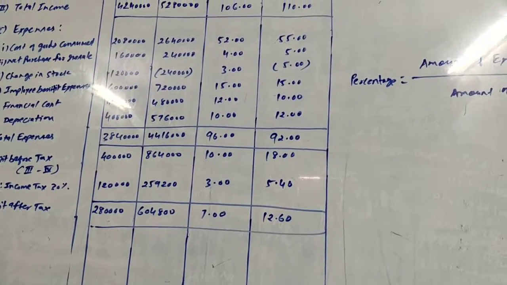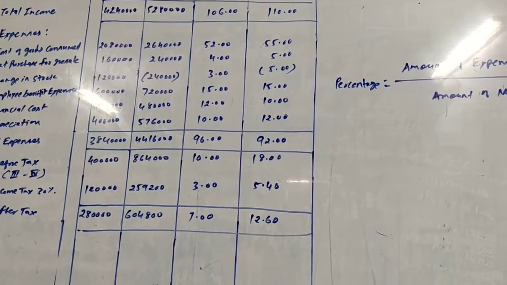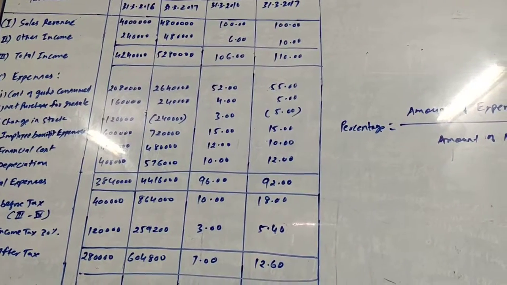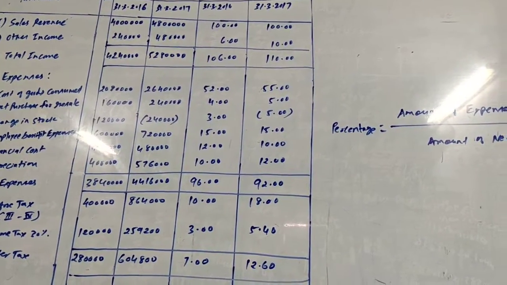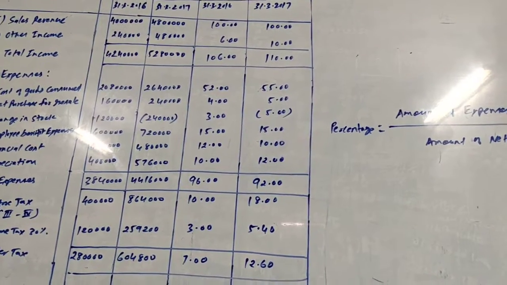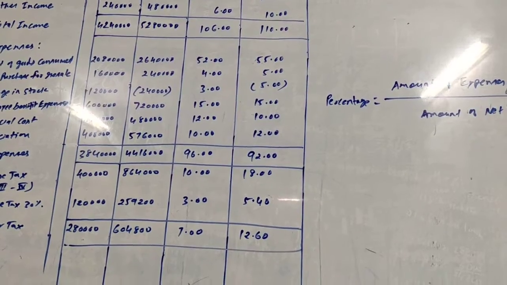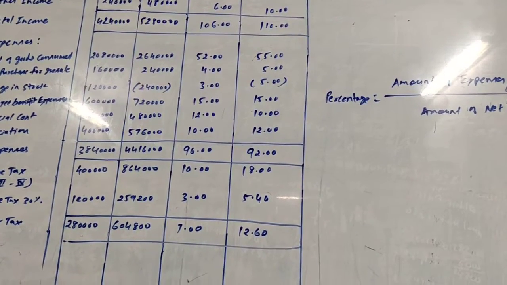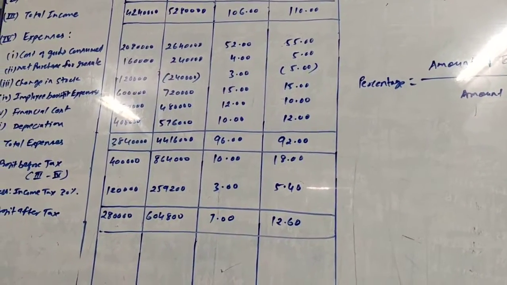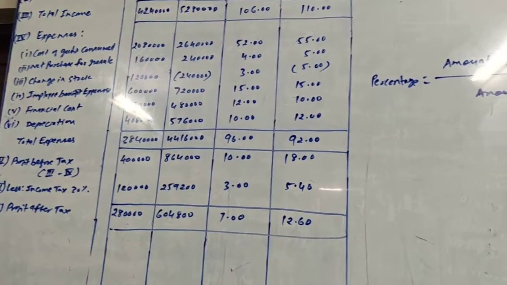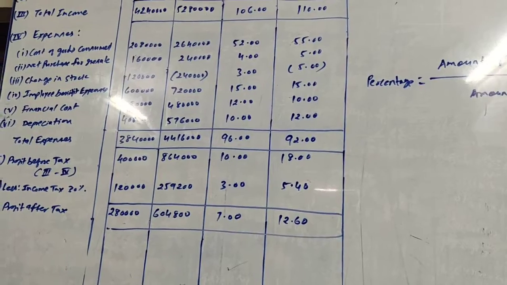Now if you talk about the profit, in the year 2016 it was 10%, and in the year 2017 it is 18%. So there is an increase in profit, right? And the taxes have also increased, as there is an increase in profit. Earlier it was 3% of sales, now it is 5.4% of sales.